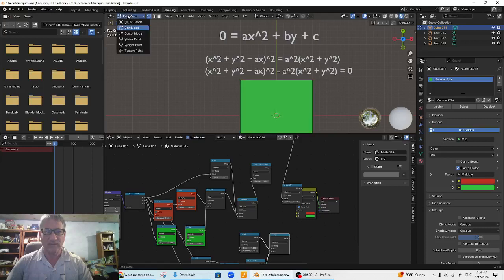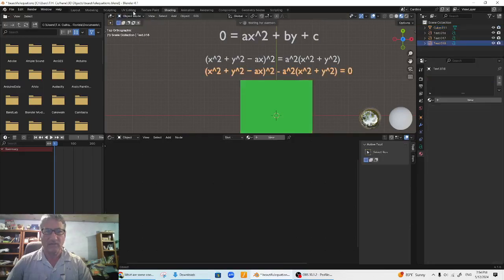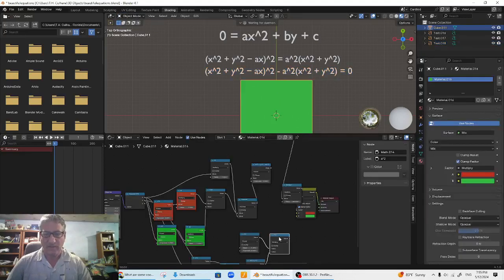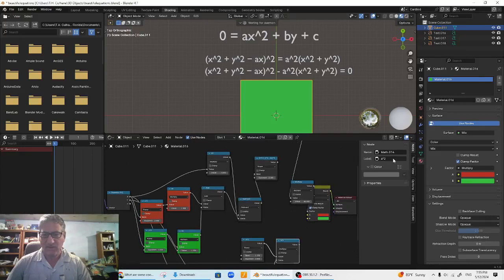So grab this, go to edit mode, make this that, and come in and rename this so that I know that that part has to be subtracted from this part.